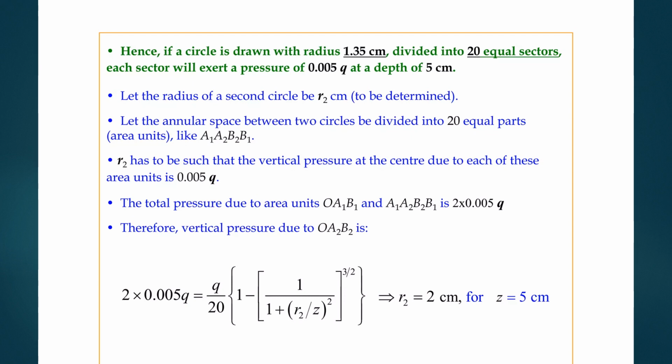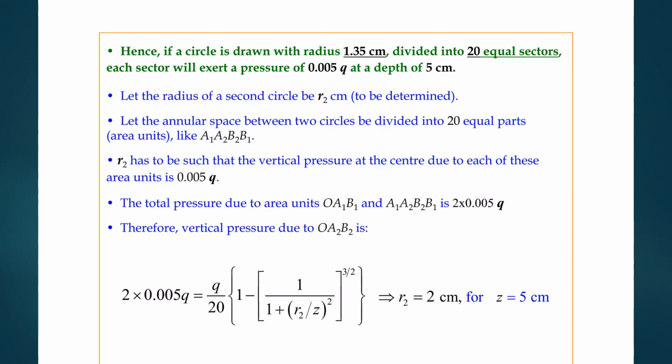Now let the annular space between two circles be divided into 20 equal parts, like A1, A2, B2, B1. So r2 has to be such that the vertical pressure at the center due to each of these area units is 0.005 q. The total pressure due to the area units O A1 B1 and A1 A2 B2 B1 is 2 times 0.005 q.